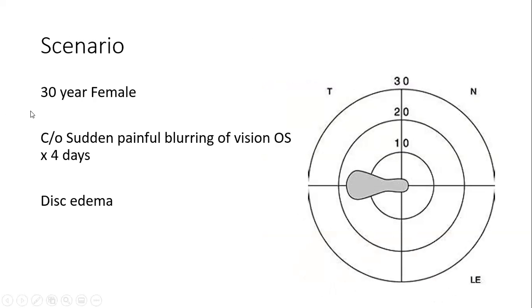And here we have a 30-year-old female who complains of sudden painful blurring of vision for 4 days. Fundus shows disc edema, and you have a field effect like this. So what is the probable lesion?